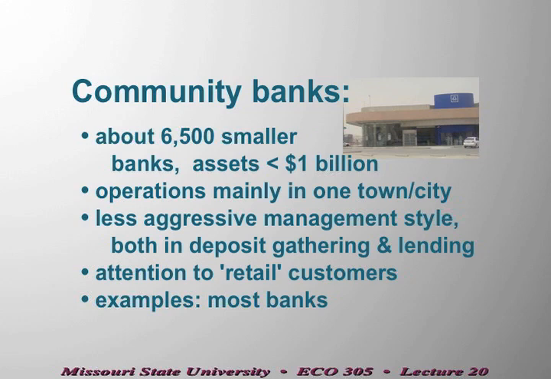And they are much more passive. They're doing business with retail customers, and they're much more passive about people making deposits without being encouraged too much and without working too hard at getting them. And then they're much more passive about waiting for somebody to come in and apply for a loan without going out and rattling everybody's cage and saying, would you like to borrow, would you like to borrow? And there are about 7,000 of these banks, more or less.